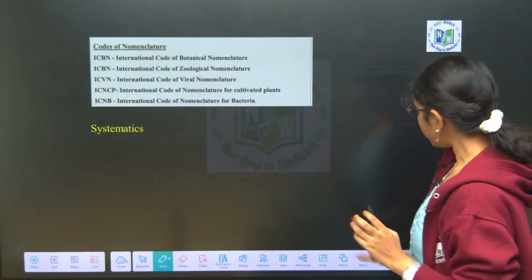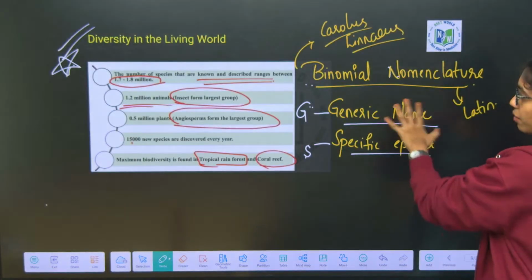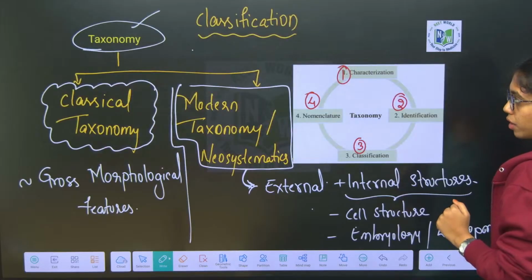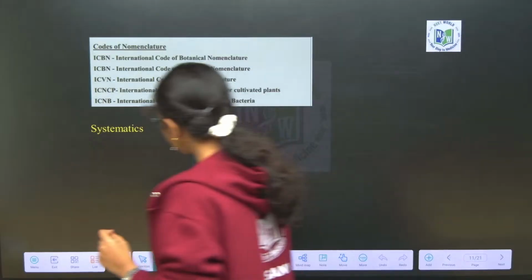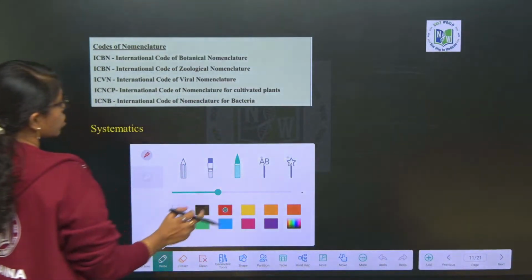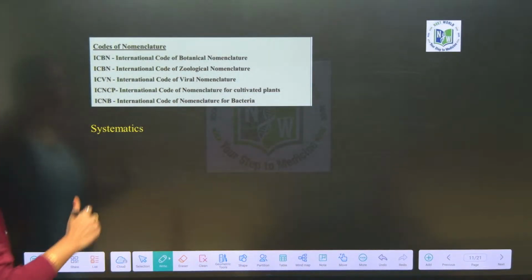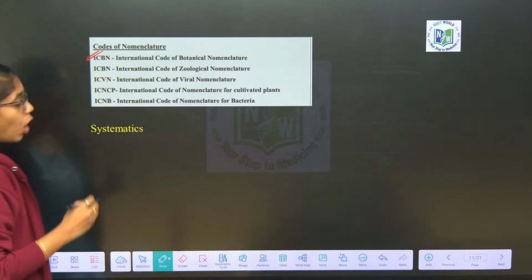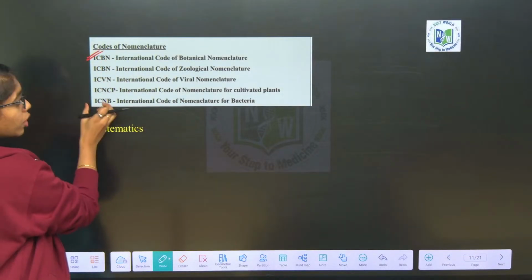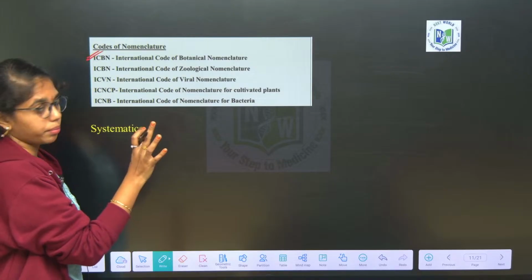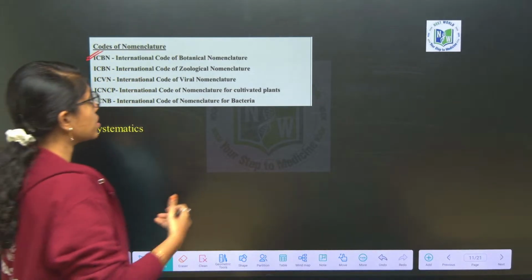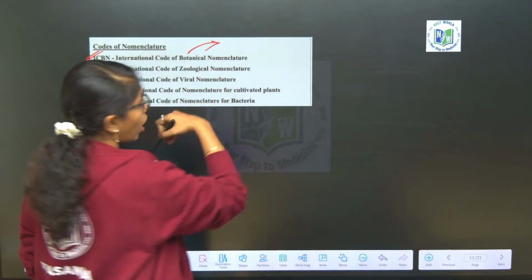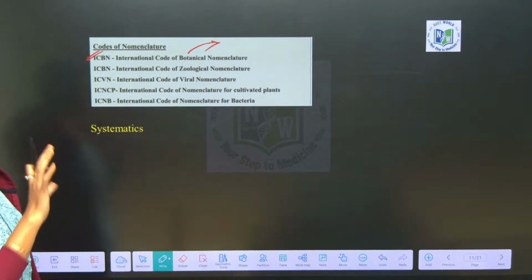Based on the nomenclature we have learned from the binomial nomenclature of Carolus Linnaeus, we have many organizations which give the names of many organisms. These codes of nomenclature are very important. ICBN, the International Code of Botanical Nomenclature, gives the naming for all the plants.